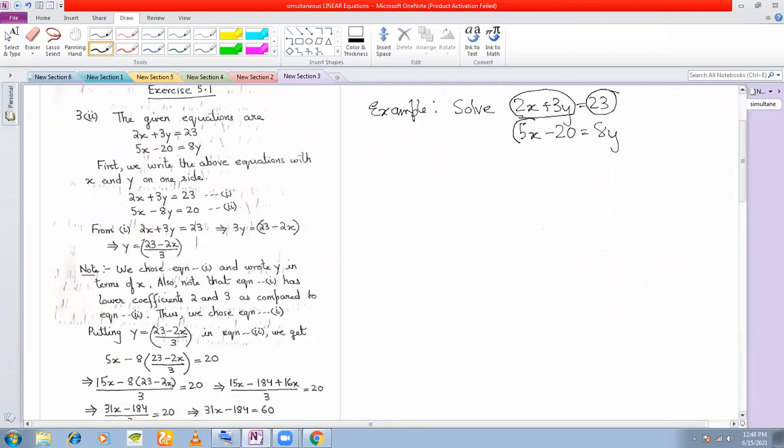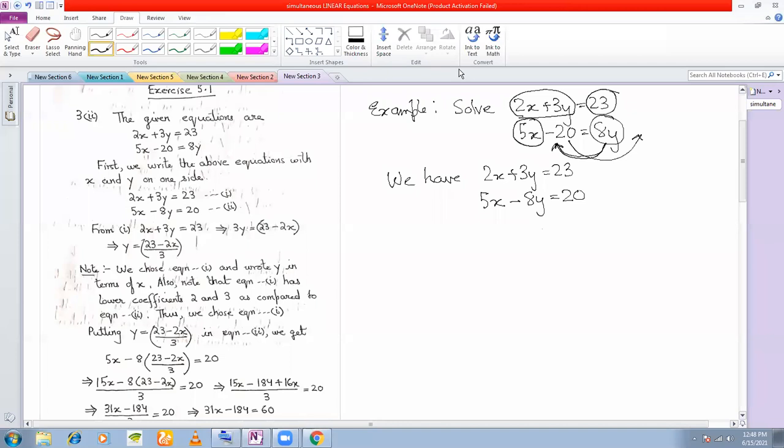But in the second, x is on one side and y is on the other. So I take this 8y here and rewrite the equations. The first equation is 2x plus 3y is equal to 23. For the second one, taking 8y here and 20 on the other side, I will have 5x minus 8y is equal to 20.